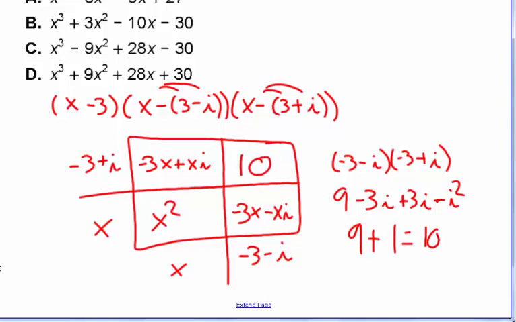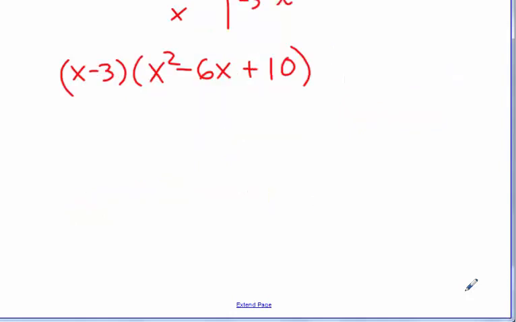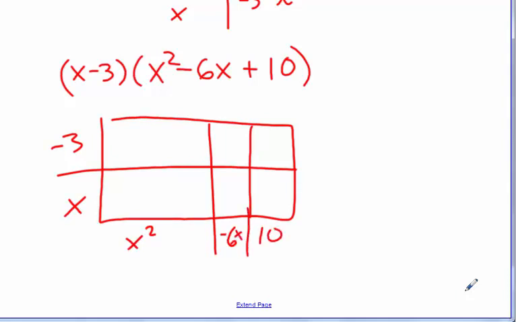So now we have to take our solution from this and multiply it by x minus 3. So we'll set the box up. Then we'll go through and multiply everything out.